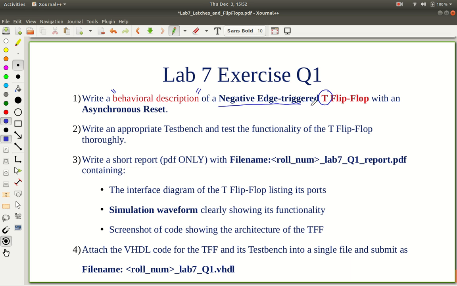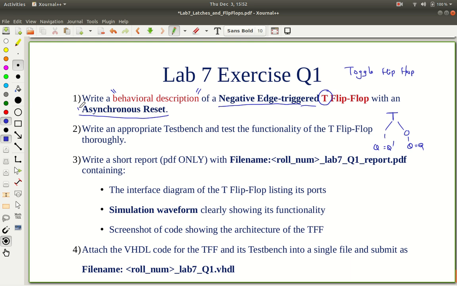If you recall from our theory lectures, the T flip-flop is a toggle flip-flop. This flip-flop has a clock input and it doesn't have a data input, it has an input called T. If T is 1, then the state toggles. If T is 0, then the state remains the same. That's the behavior of the toggle flip-flop, right? And you're asked to provide an asynchronous reset for this device.